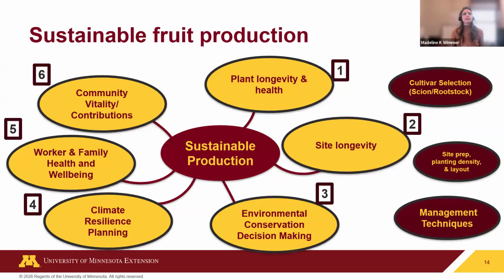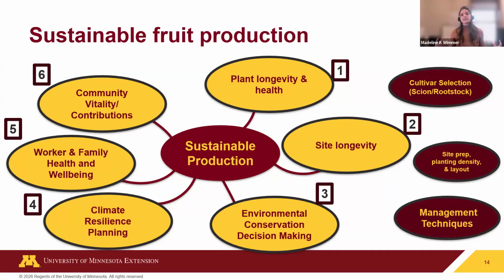And then another point here is just to think about what is sustainable fruit production. There are a lot of different areas in the beginning starting process of how you're choosing and selecting varieties, maybe finding varieties that are resistant to diseases, how you're preparing the land, how you're managing your crop. That really feeds into these different aspects of what sustainability is.